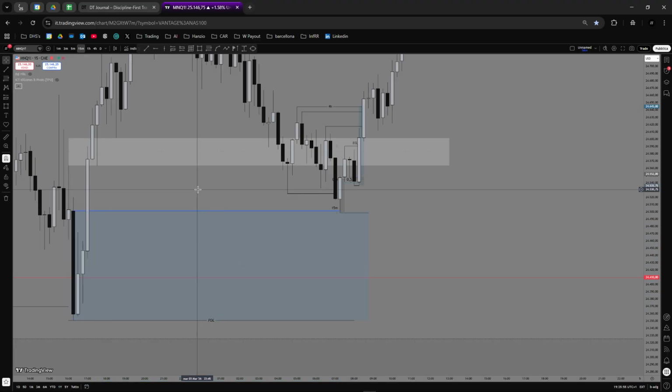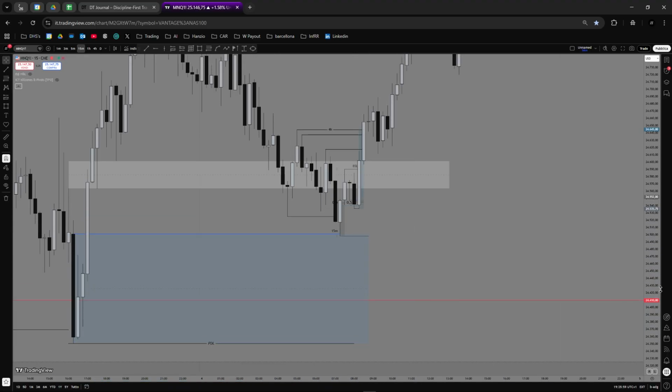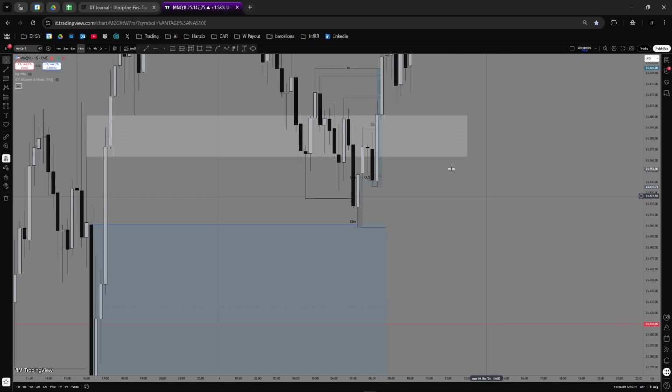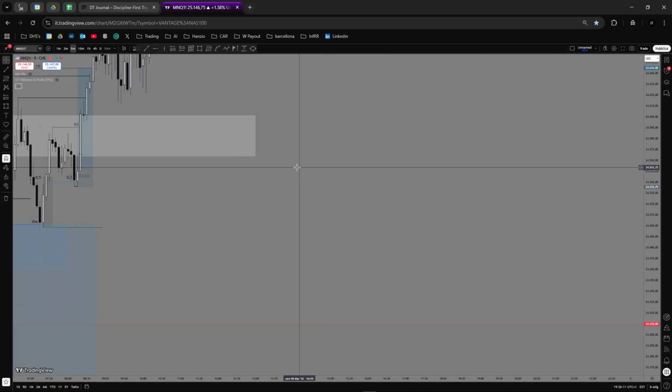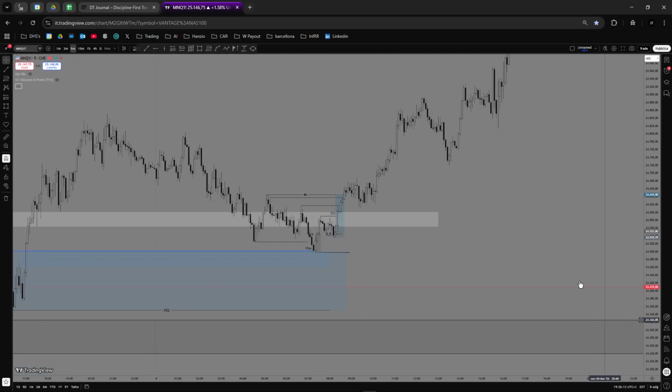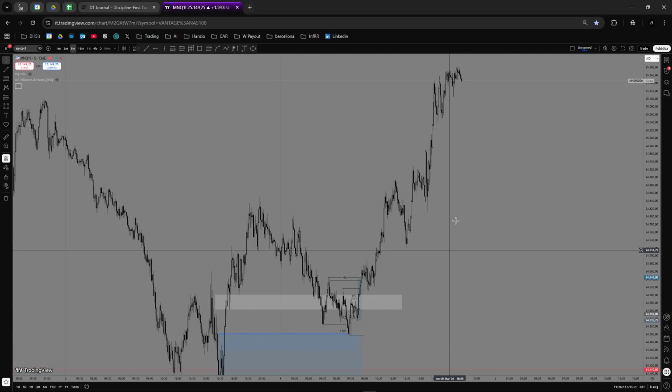So we ended up manipulating this low inside this 50-minute order block, and inside this portion of the fair value. So it was a double confluence for me, and I was confident for us to go higher, not that much higher like this.